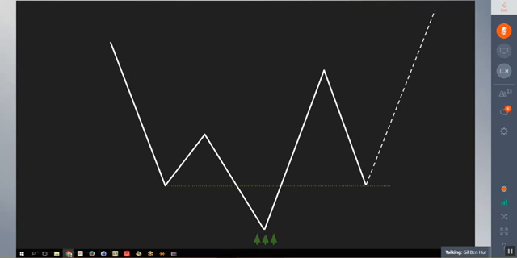So this one is obvious. But why does this Quasimodo level work every time, or most of the time, so precisely? The answer is found when you investigate what's going on in theory with the order flow. So let's go step by step on this zigzag.